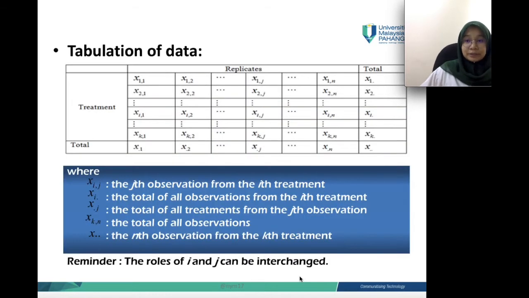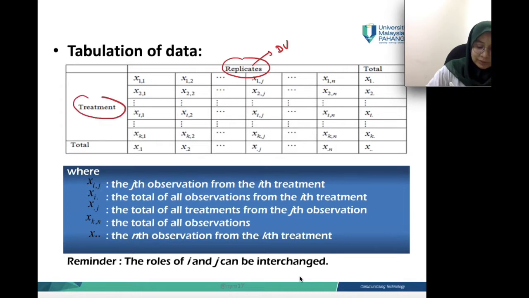So, the tabulation of data, how you want to tabulate your data. Here the replicates I mentioned come from the dependent variable. Treatment is your factor. Factor comes from the independent variable.